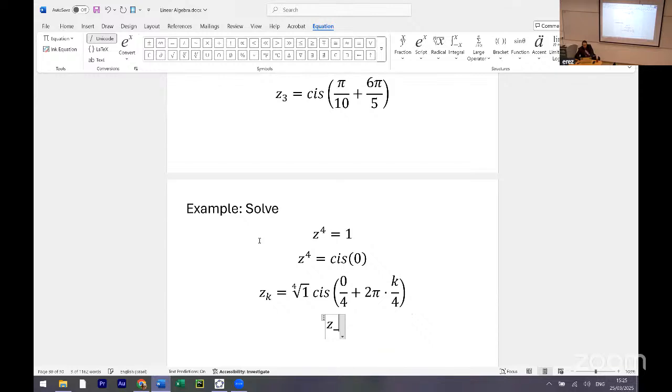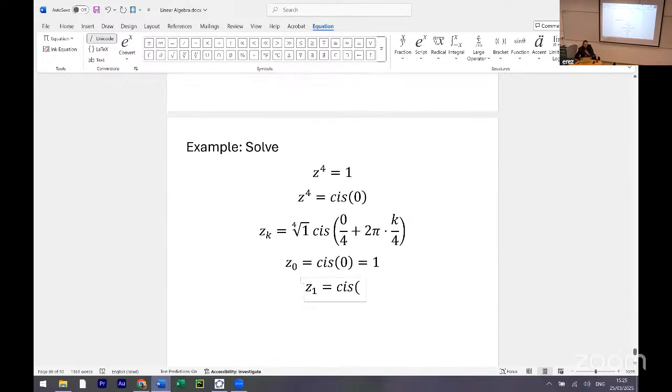And we get z0 is cis 0, which is 1. z1 is cis of what? If k equals 1, what is the angle we are left with? Half of pi. Who is cis of half of pi? i. And think about it, what is i to the power of 4?